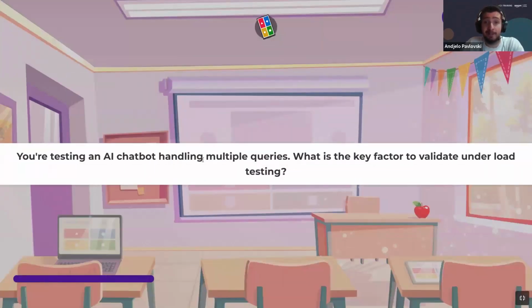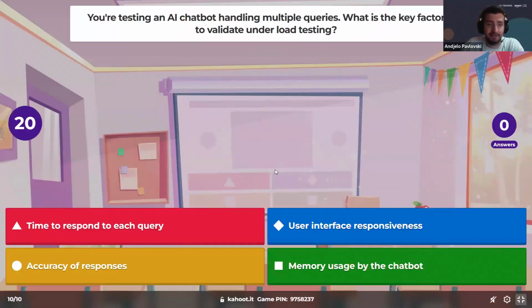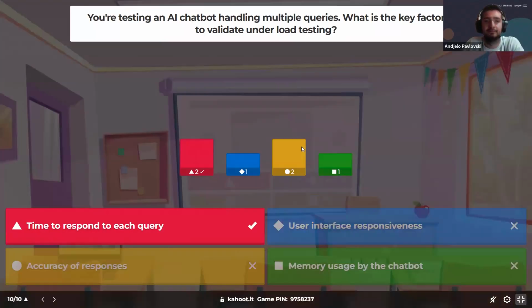You're testing an AI chatbot handling multiple queries. What is the key factor to validate under load testing? So to validate under load testing, I see a mix of answers.